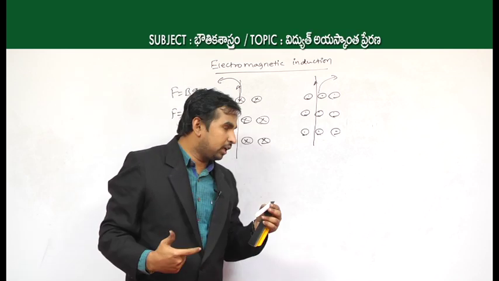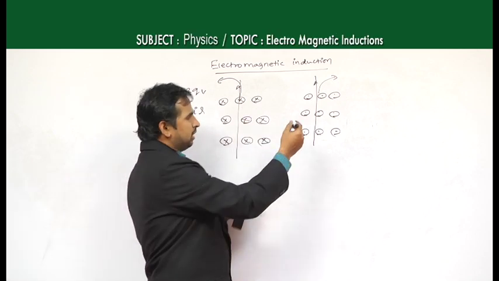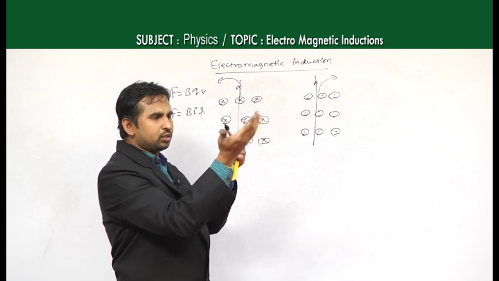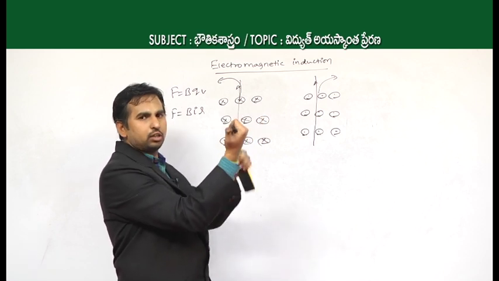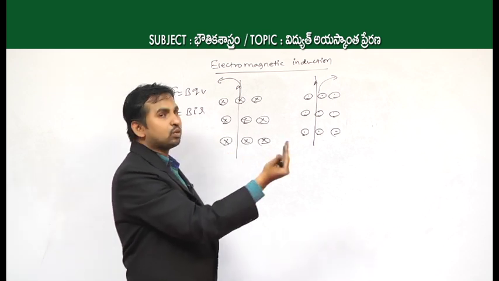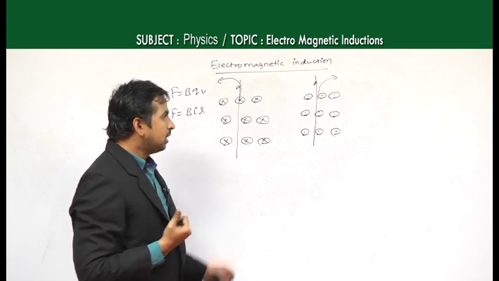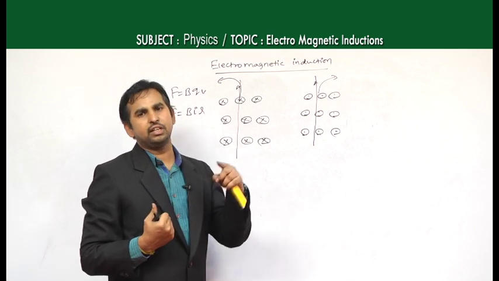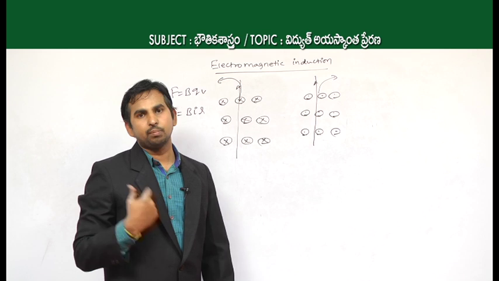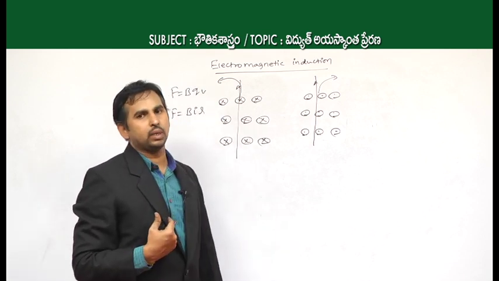And suppose the current carrying wire is coming out of the plane like this, then we have to curl our fingers to hold it in this direction. So here the magnetic lines of force are acting in the anti-clockwise direction. When the current carrying wire is coming out of the plane, the magnetic lines of force around it are in the anti-clockwise direction.